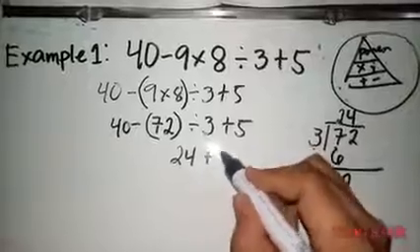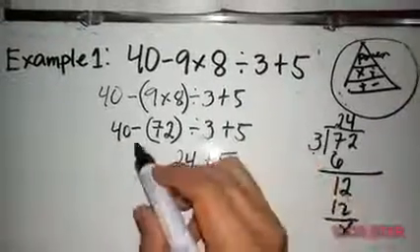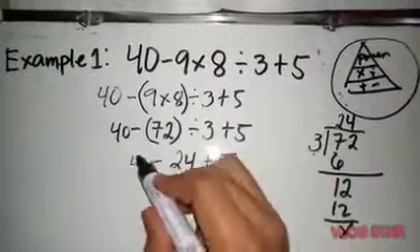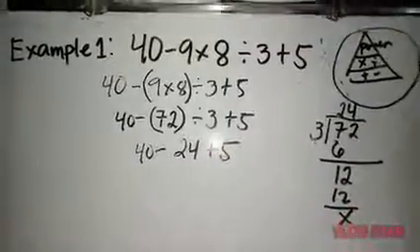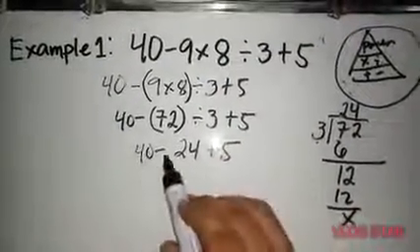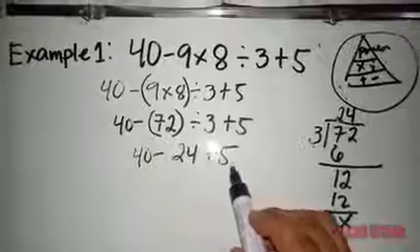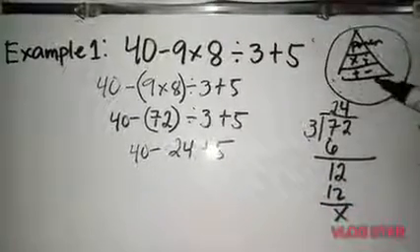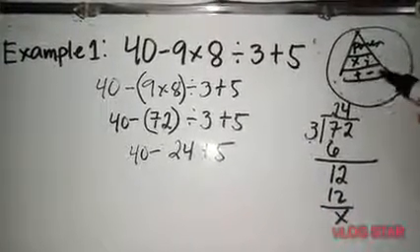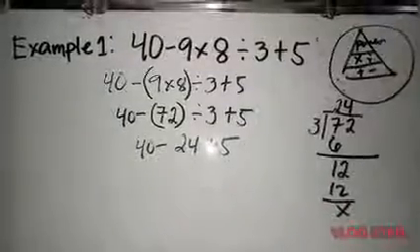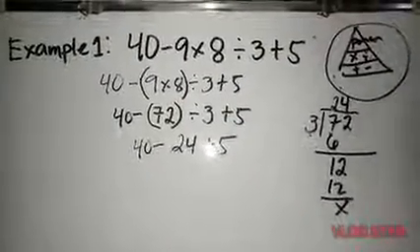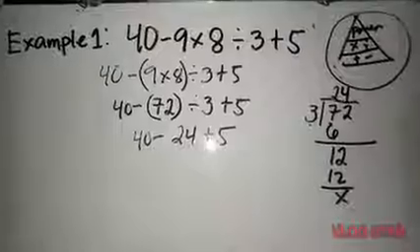Then just copy 40 minus, then plus 5. So that's it. So 40 minus 24 plus 5. So next level, addition and subtraction. Addition and subtraction have the same level of priority.